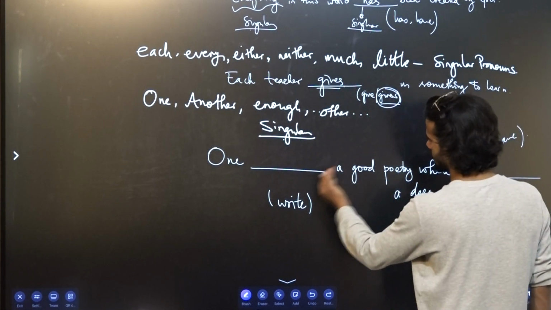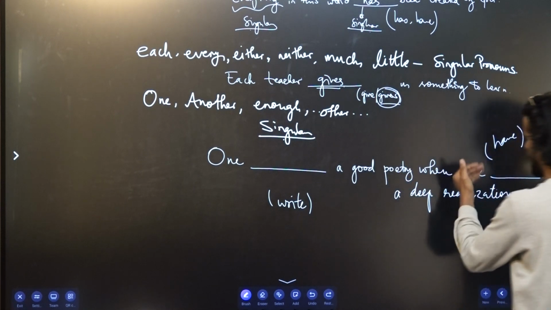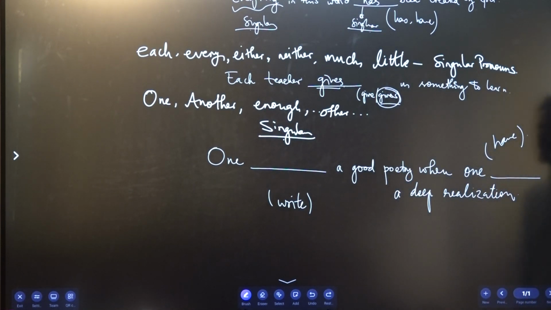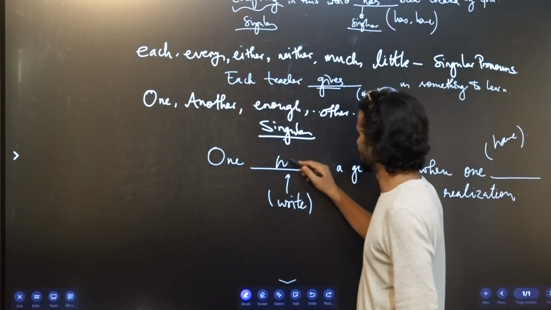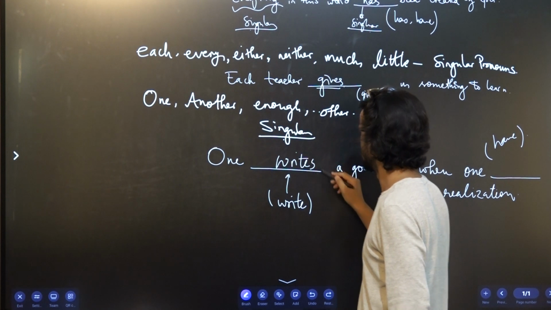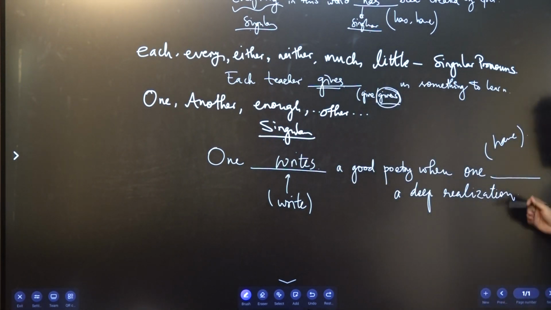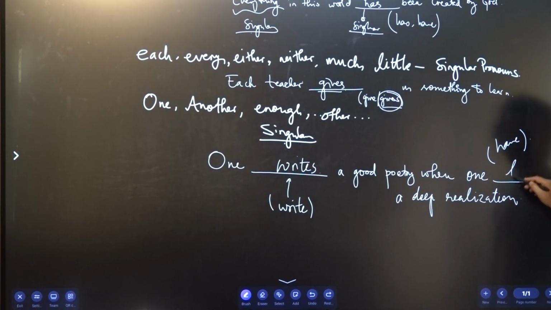One writes a good poetry when one has a deep realization. Write or writes? Writes. A good poetry when one has or have? One has. Yes. One has a deep realization.